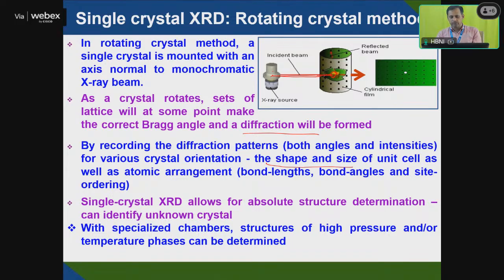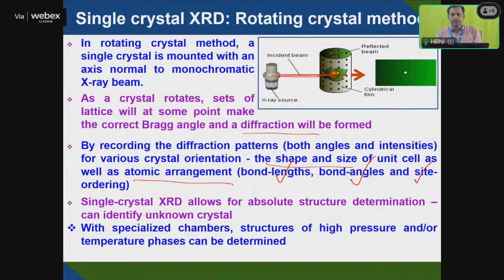Generally in powder diffraction we get shape and size information of the unit cell, but in addition, in single crystal XRD we get atomic arrangement information, especially bond lengths, bond angles, as well as site ordering, whether it is octahedrally or tetrahedrally coordinated. All those site ordering you will get information.